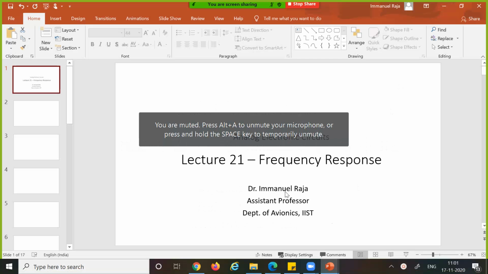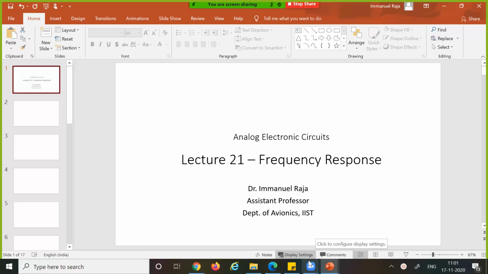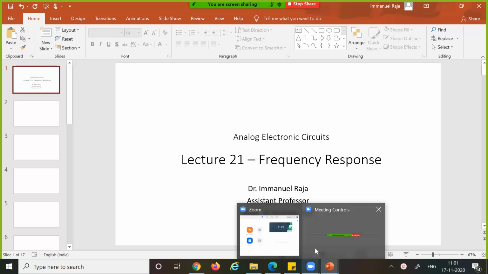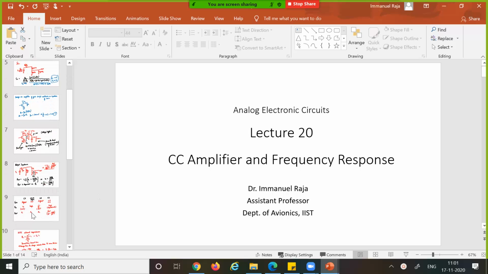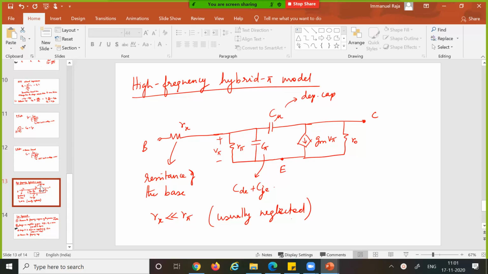So, we have been looking at the capacitances of a BJT, right? Let me just go over last class notes. If you recall, we looked at the high frequency hybrid pi model, and we said that there are going to be two capacitances in this circuit.